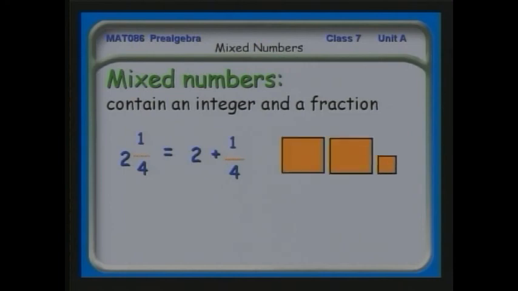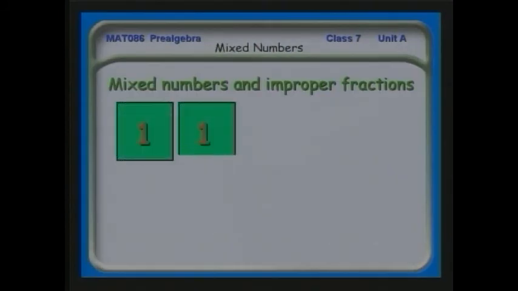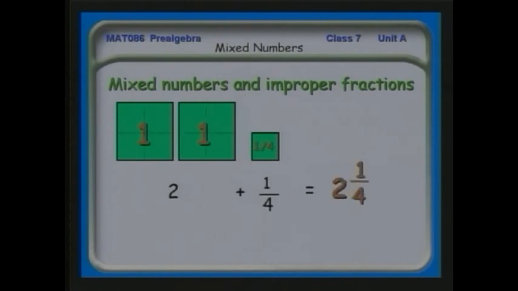We read this as 2 and 1/4. It's 2 wholes and 1/4 more of a whole. There's one thing, 2 things, 2 and 1/4. It's 2 plus 1/4, and that's the mixed number.